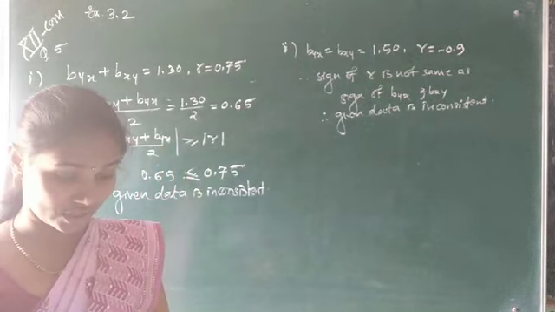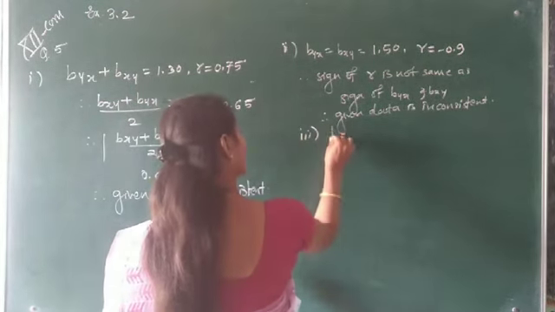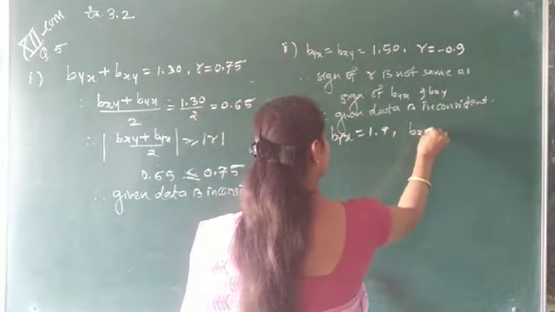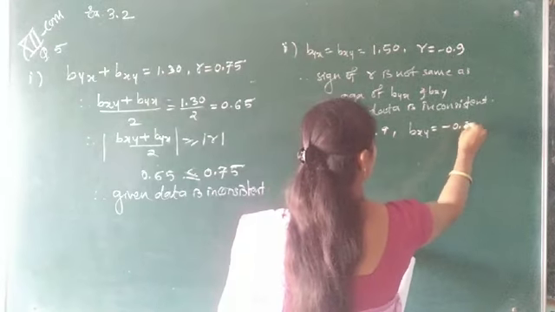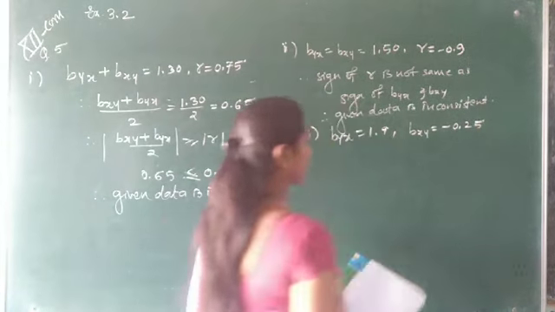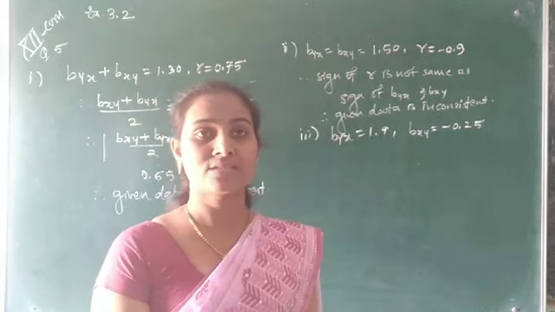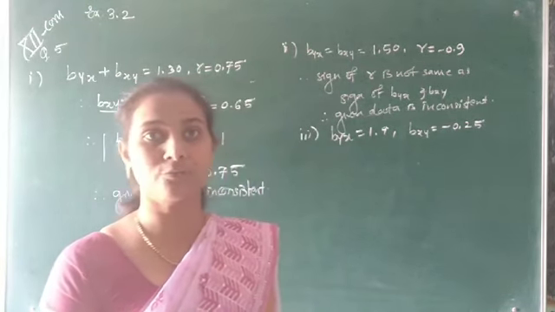Next see the third question. Byx is 1.9 and bxy is minus 0.25. Always remember that the signs of bxy and byx are always the same, either positive or negative, but the same.